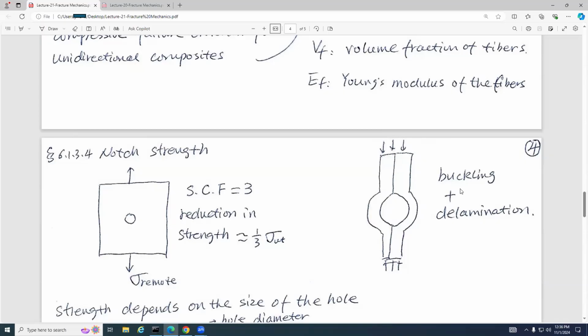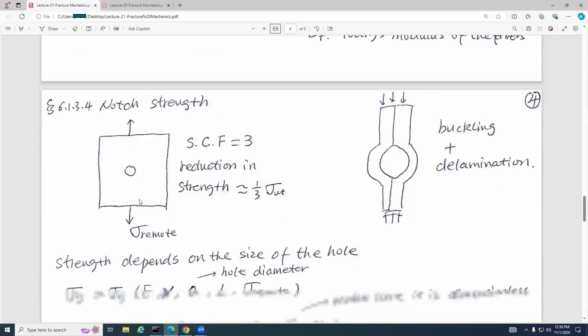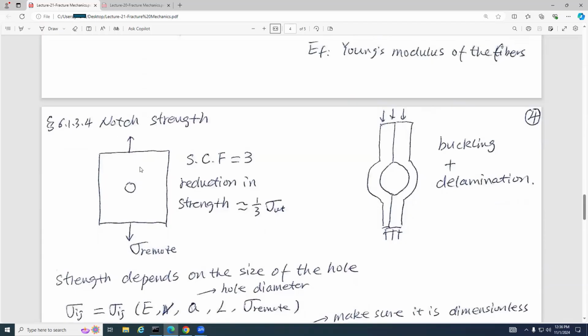Okay, then we talk about notch strength. For notch stress, we have a hole here. We just use a hole. SCF means stress concentration factor. If the stress concentration factor equals 3, the reduction in strength is about 1/3. Why is this true? Can somebody tell me? Write this down: SCF means stress concentration factor.